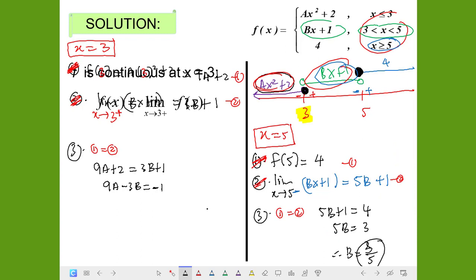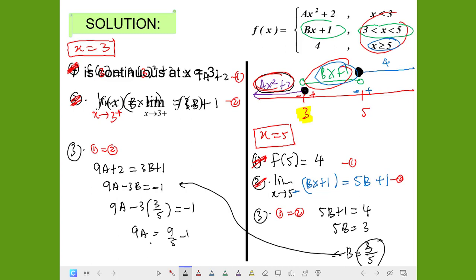Then substitute: 9a minus 3 times 3 over 5 is equal to negative 1. 9a, 9 over 5 minus 1, and find the value of a. Here 9a equals 4 over 5. Then a is equal to 4 over 45. Okay, settled for the values of a and b.